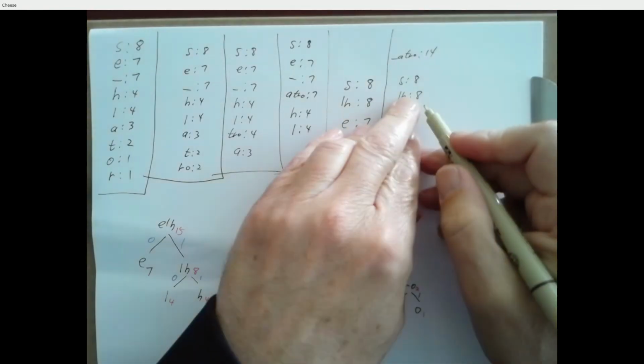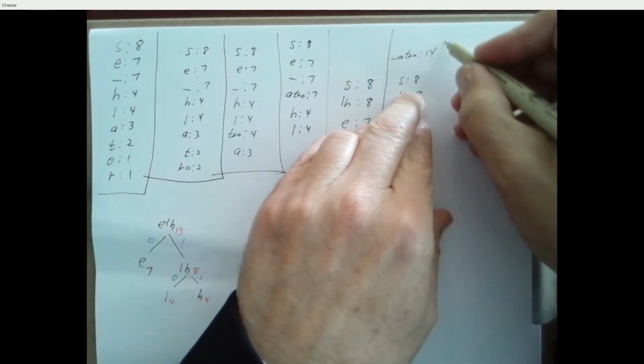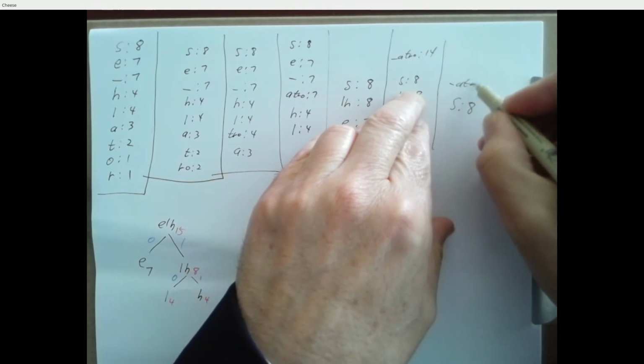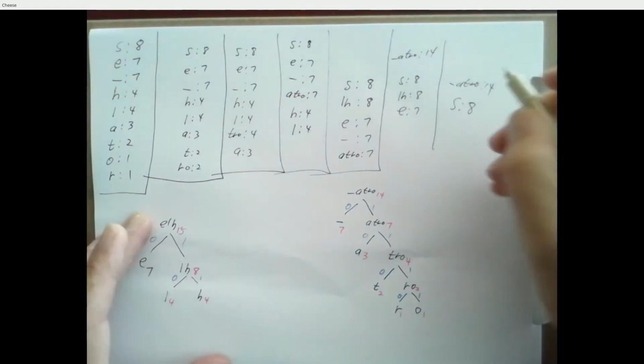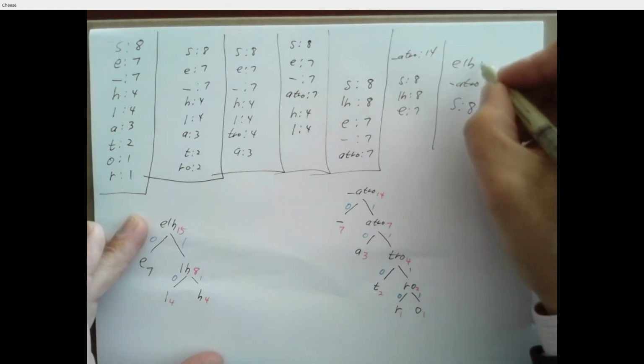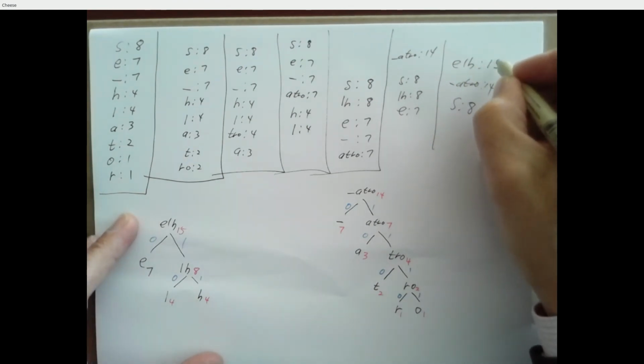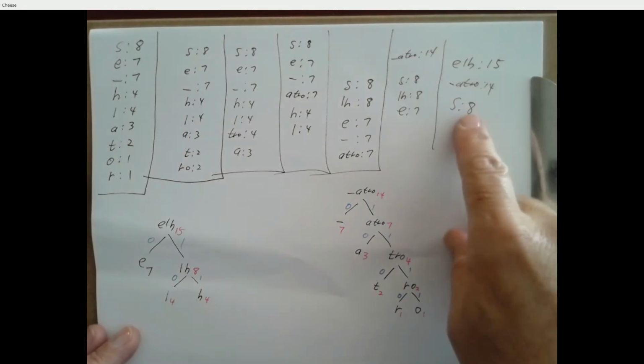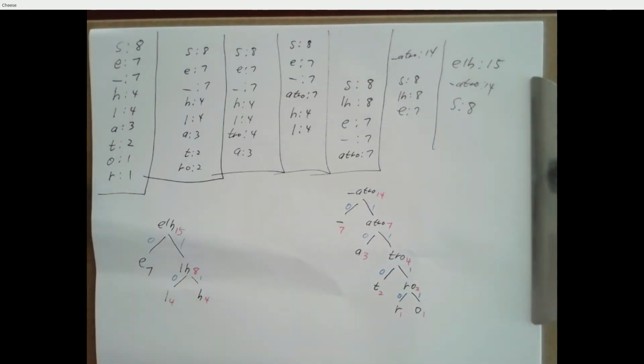So E and LH get combined, so now we've got 3 symbols, S's and H. Underscore ATRO is 14, and ELH is 15. All right, combine S and ATRO.